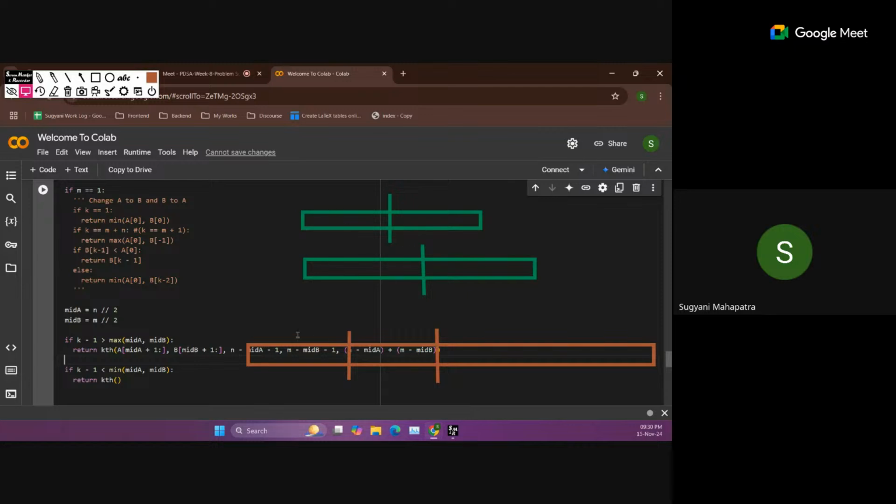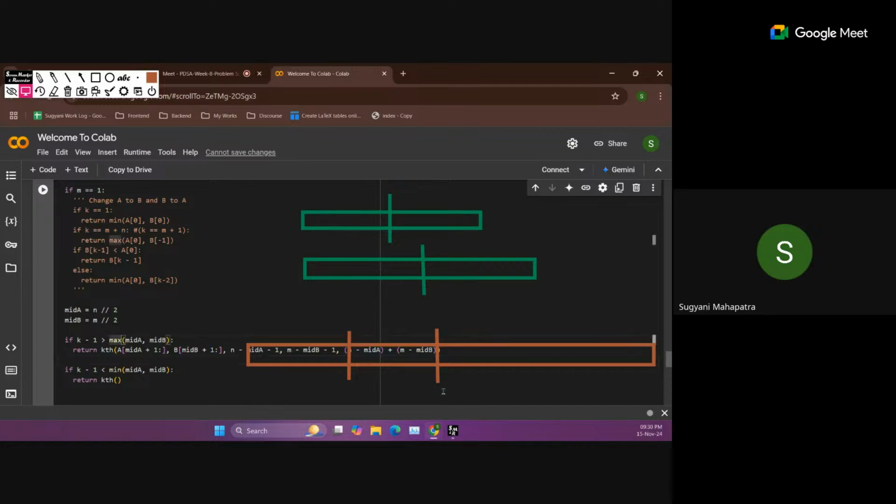All of these elements come to the back of this part. Let's say this is mid of B. So everything before mid of A and everything before mid of B must come to the left of mid of B here. That is why mid of A plus mid of B was also working.